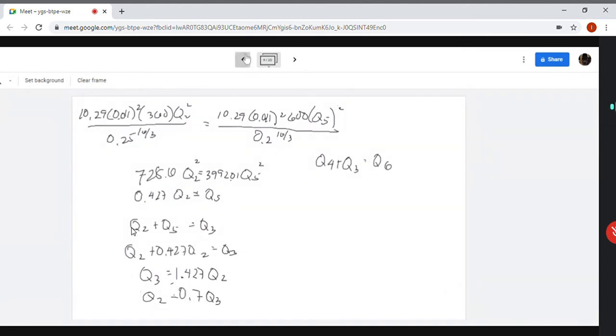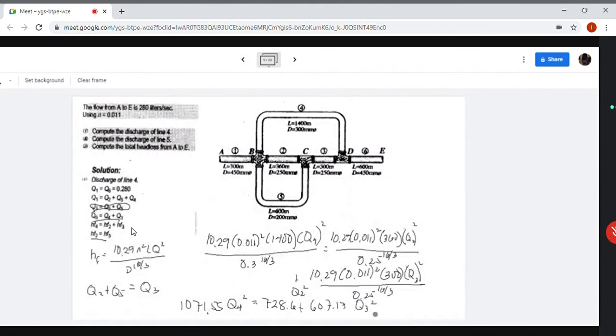So we will substitute Q2 here to get it in terms of Q3 or Q4.